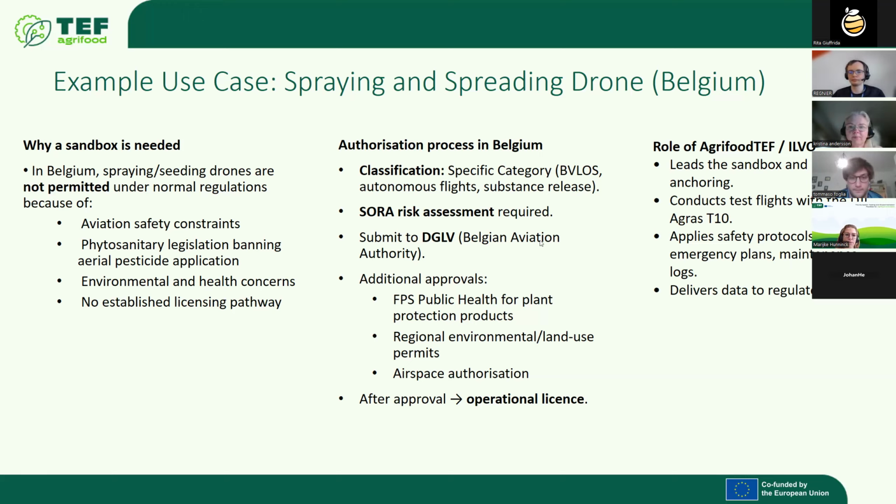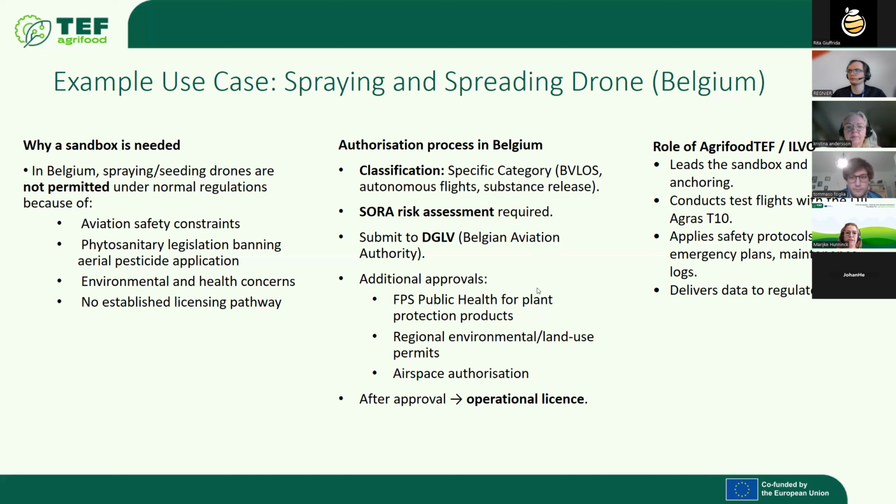The authorization process followed the EU drone regulations and requires classification in a specific category, a full SORA risk assessment and ConOps, approval from the aviation authority, and additional permits for aerial application, environment, and airspace use.